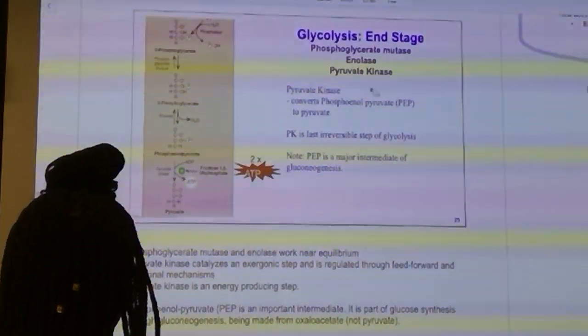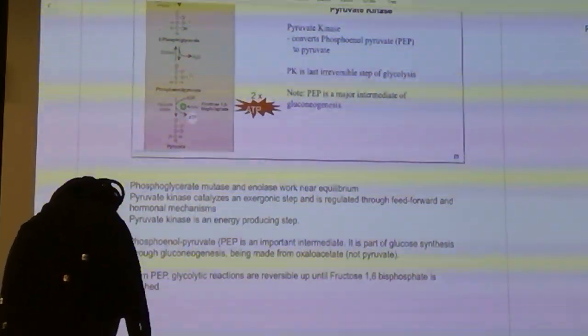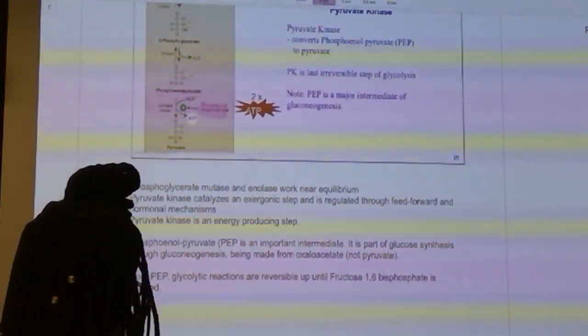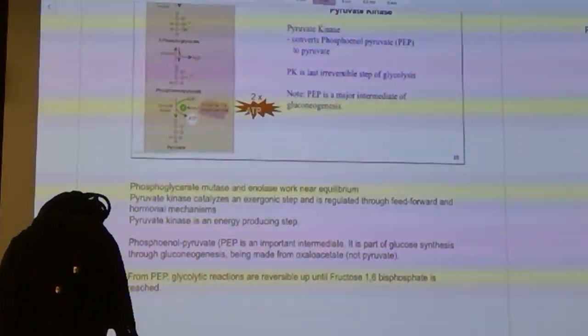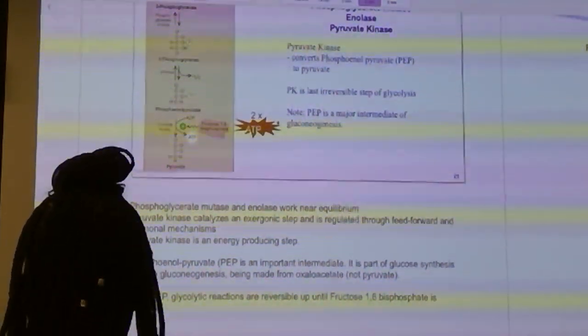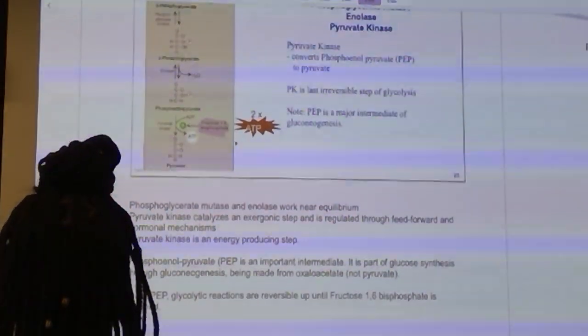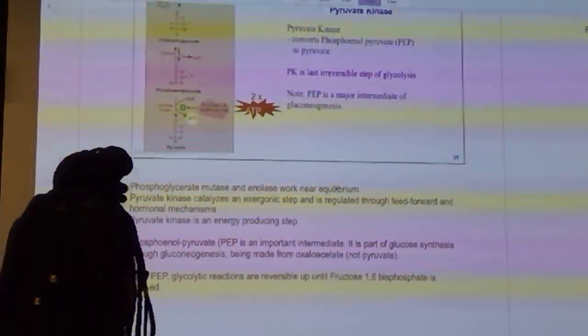Okay, this is pyruvate kinase. Just know that excess fructose 1,6-bisphosphate promotes it, because again, it just shows that there's a buildup of substrates. And then remember, substrates promote.